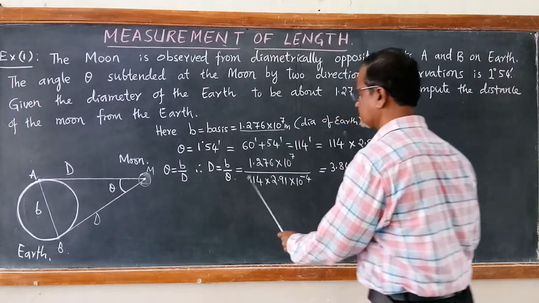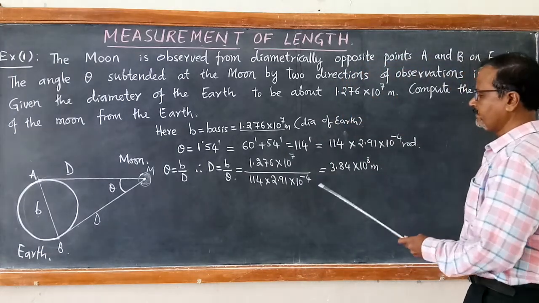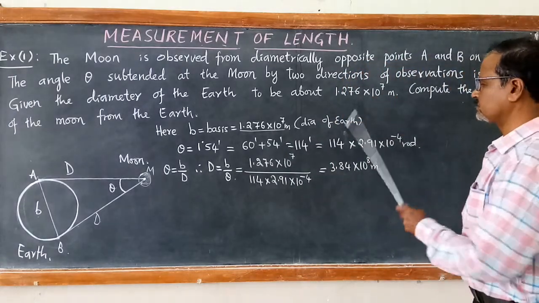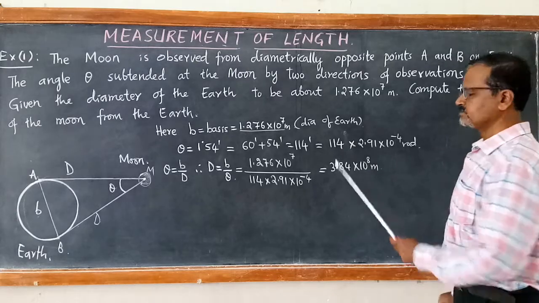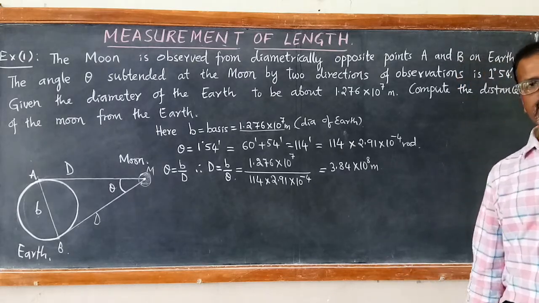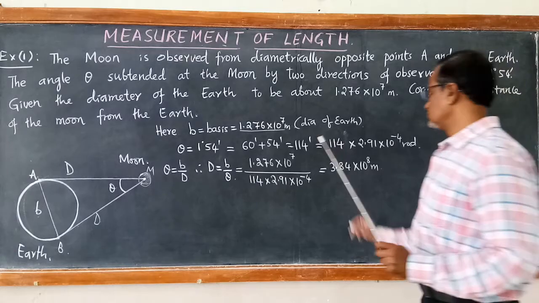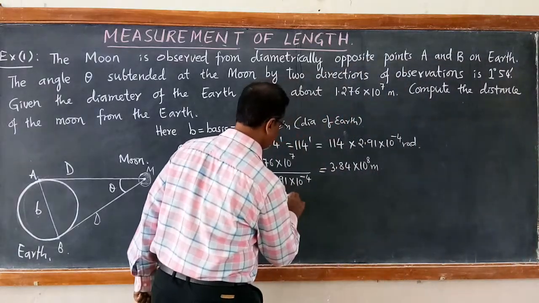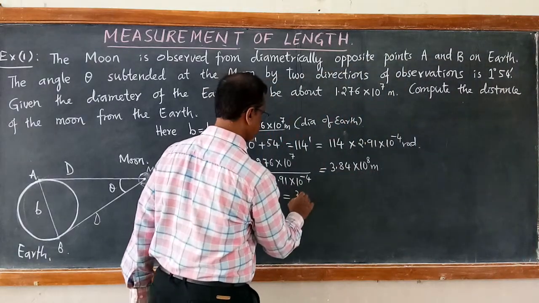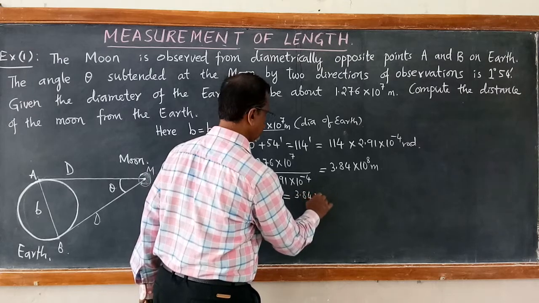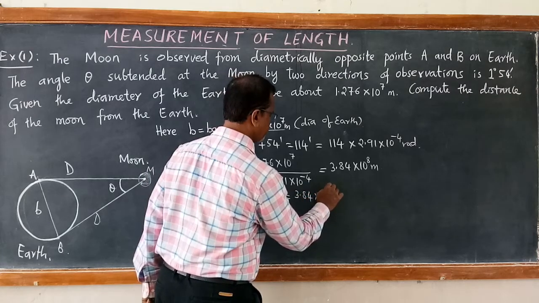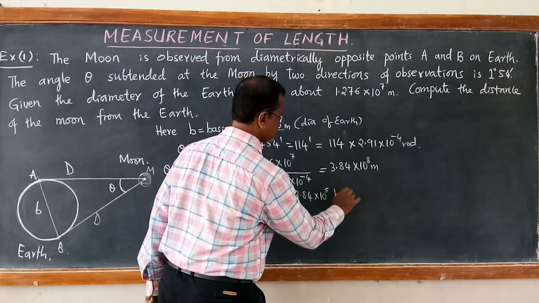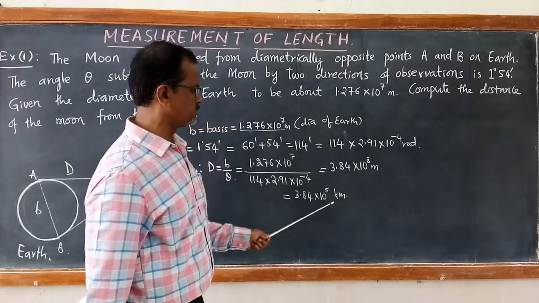You can verify this using a calculator, whether the result is correct or incorrect. So this gives us the distance of moon from the surface of the earth. In kilometers you can write it as 3.84 into 10 raised to 5 kilometers, because 10 raised to 3 meters is equal to 1 kilometer.